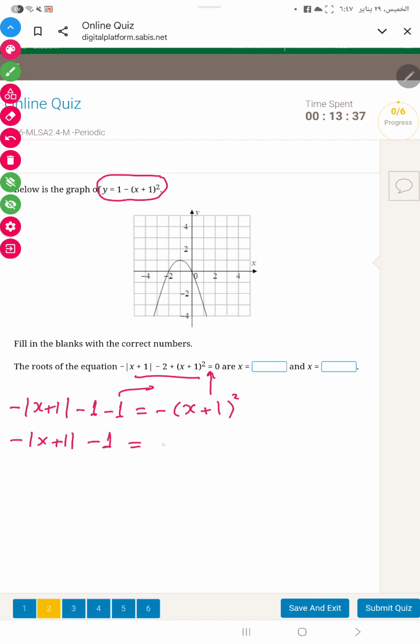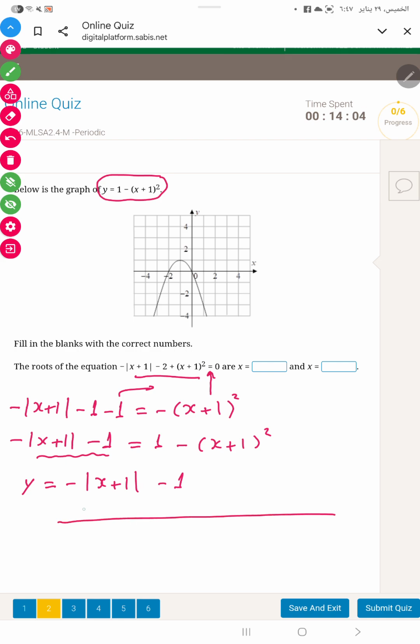So it becomes 1 minus (x plus 1) squared. And as you can see, this matches exactly this one. So now we have to draw this equation. y is equal to negative absolute value of x plus 1 minus 1.